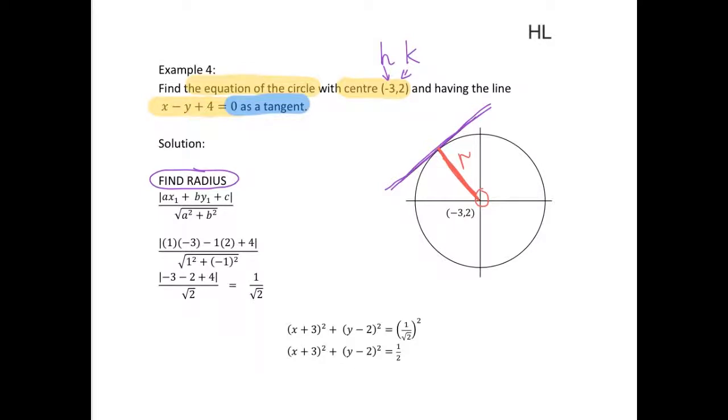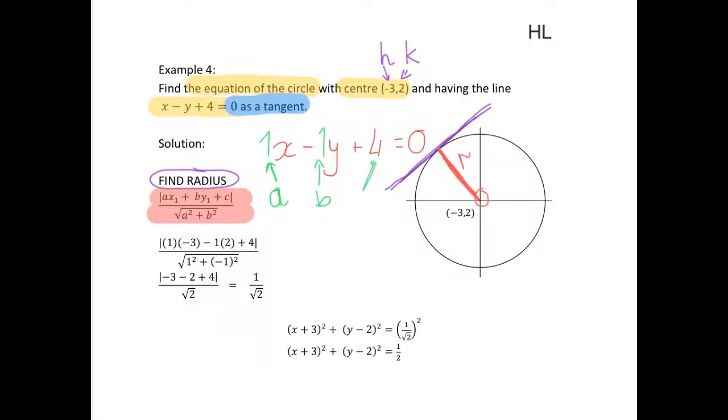So we're going to have to use our perpendicular distance formula again. If we look at our various components, the equation of our tangent is x minus y plus 4 equals 0. So our a is the number in front of x, which is 1. Our b is the number in front of y, which is -1.